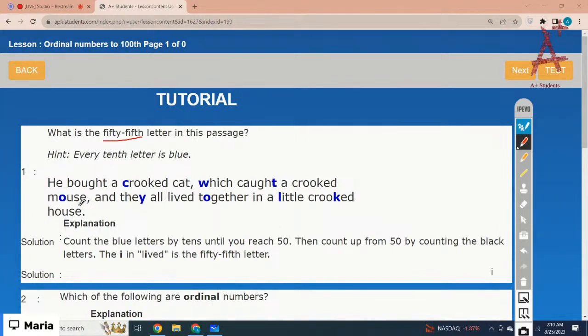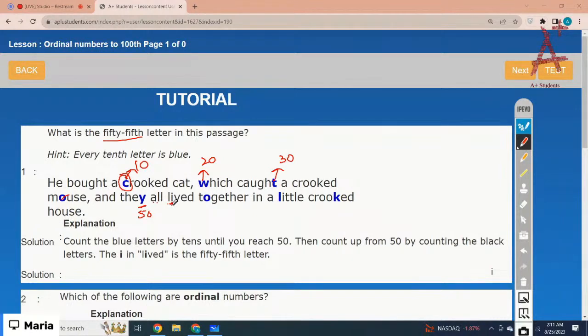You can go very easily because you see every blue is the 10th letter. This one is 10th, this one is 20th, this one 30th, this one 40th, and this one is 50. 55, count 5 more. 51, 52, 53, 54, 55.